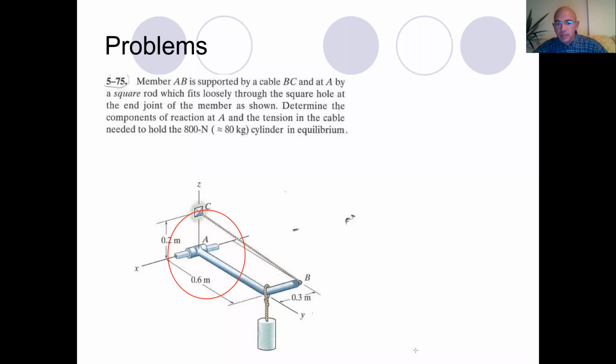Now, let's see. First, I will look at the X, in X direction. Now, certainly, in X direction, this joint can freely move because the connection is loose.